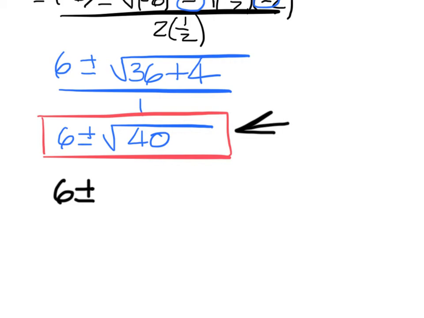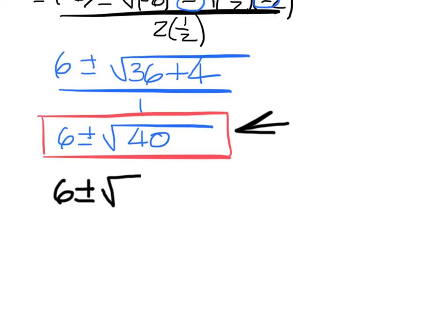What are the perfect squares? What's the first perfect square? 1 squared is what? 1. So what's 2 squared? 4. Will 4 divide into 40 evenly? So how do I divide up 40 with a 4? 4 times what? 10.